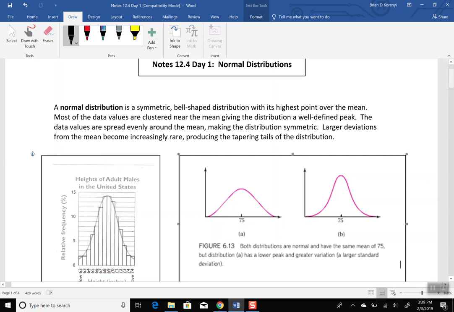IQ, intelligence, follows a normal distribution where there's an average intelligence. Some people are very, very bright, but there are very few of those. Same thing on the other end. And this applies to a whole slew of stuff.